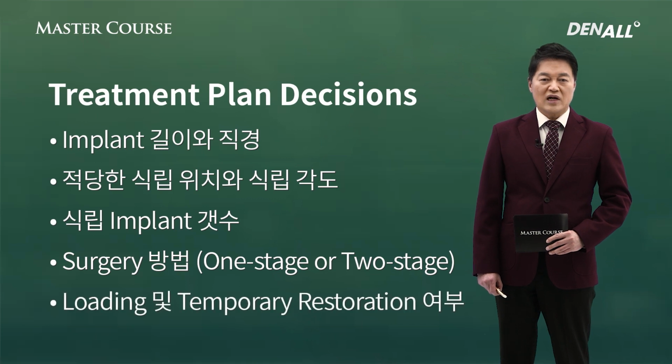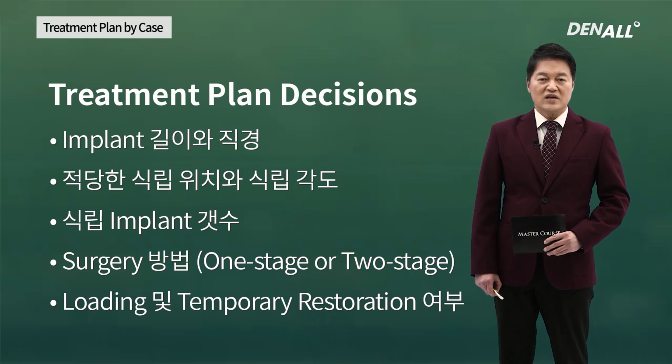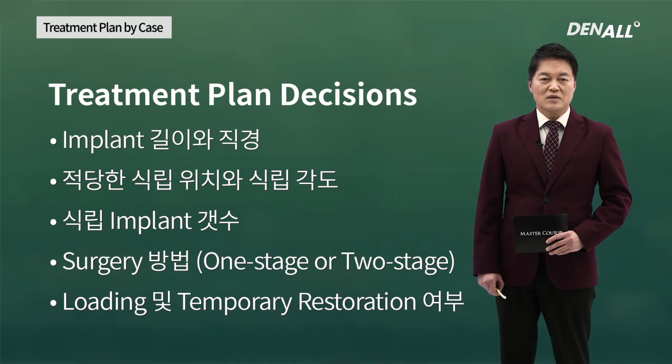Are you going to do loading? In the anterior area, how are you going to do temporary restoration? As mentioned, the most important factor, which has direct impact on implant prognosis, is appropriate placement, position, and angle.